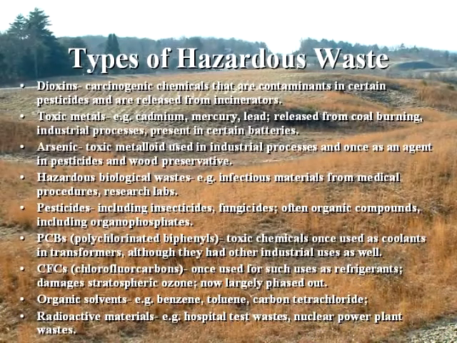Other classes of hazardous waste include things like the polychlorinated biphenyls, which are toxic chemicals that were once used in things like transformers as an insulator. Although they had other industrial uses as well, they're another group that's been largely phased out of production.